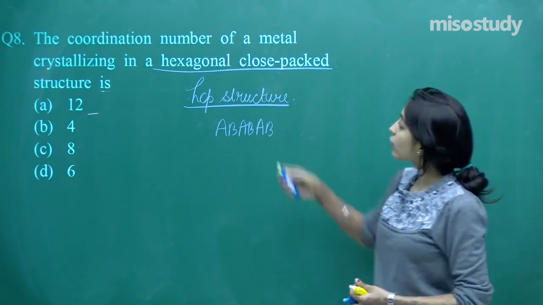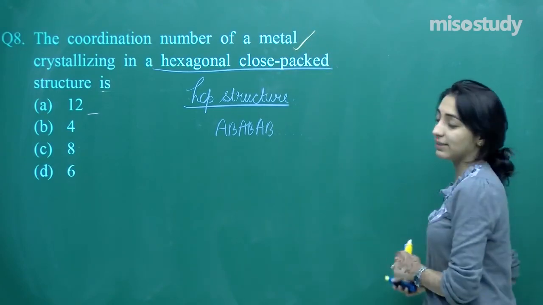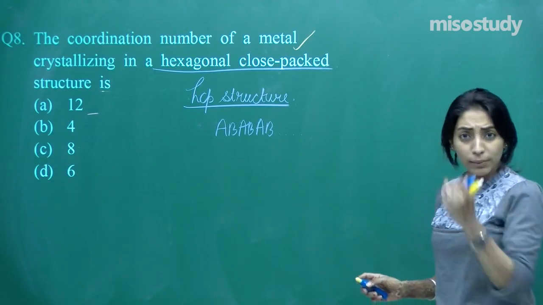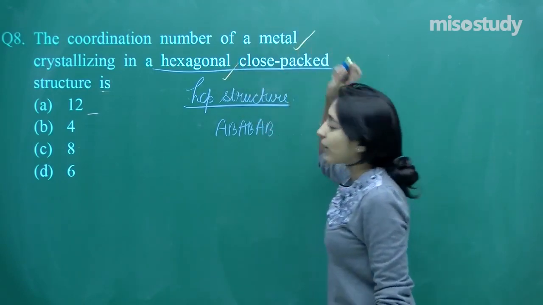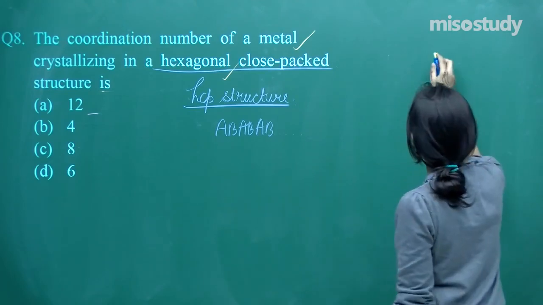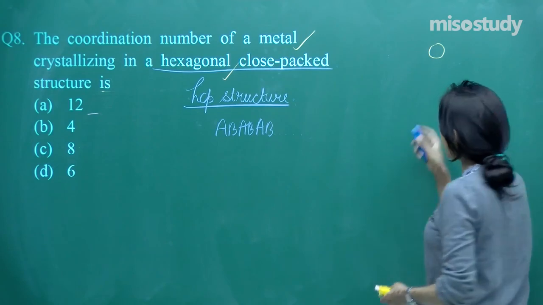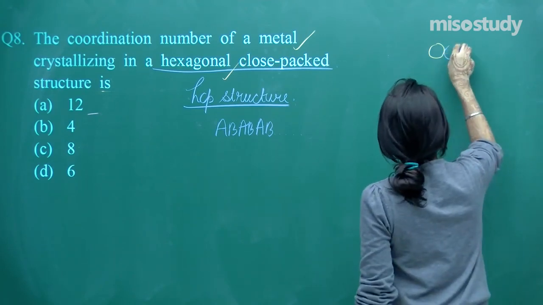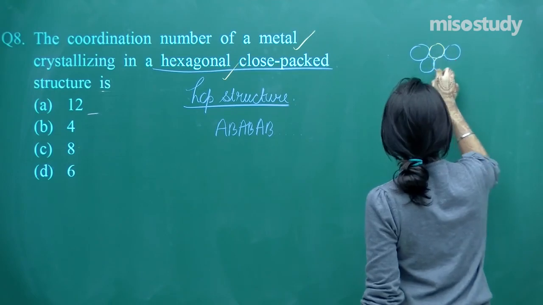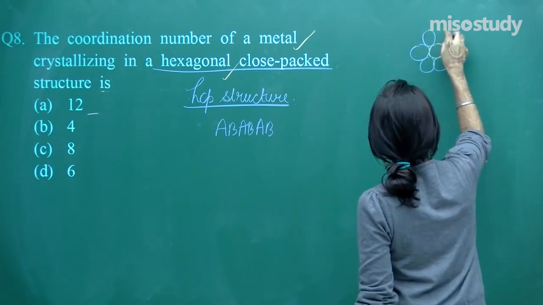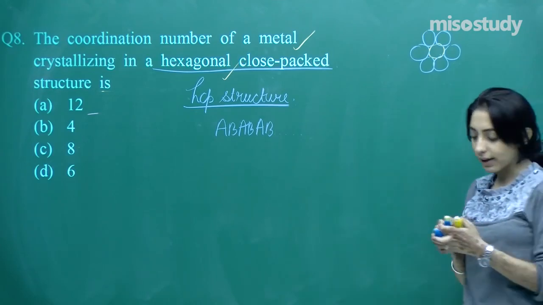We need to find out the coordination number of the metal which is crystallizing in HCP. So how to draw the AB, AB close packing structure? See carefully, and do remember it's a hexagon. So can I simply write one atom in the center, which is surrounded by one atom here, one here, one here, one here, one here, one here, forming a kind of hexagon.